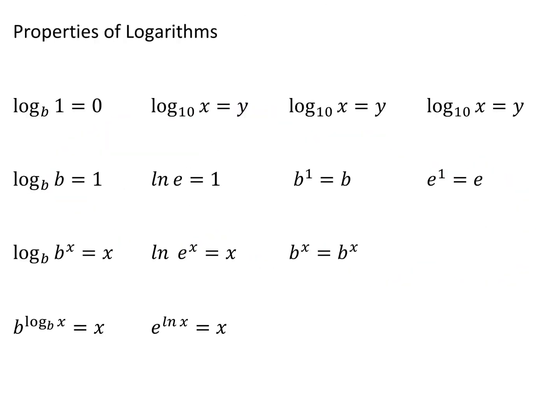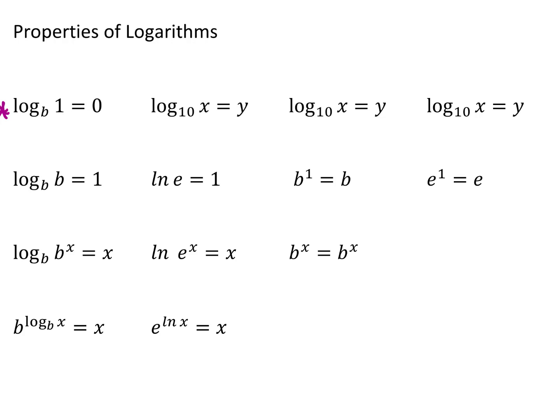Now below I've written some very commonly used properties. You do not need to memorize these. I encourage you not to memorize them. If you understand how to convert exponentials to logarithms and logarithms to exponentials, then you will be fine. Let's look at this very first one, just so we can practice. It says log base b of 1 is equal to 0.